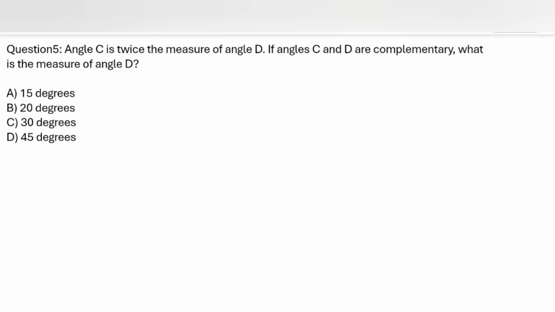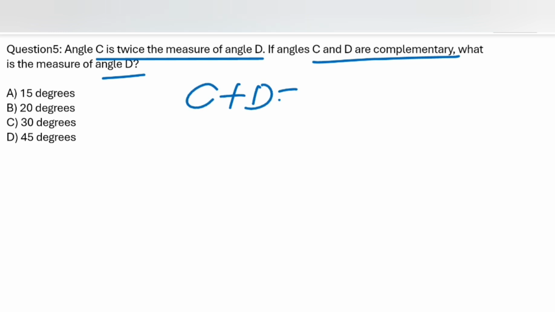Here in question number 5, the question is: angle C is twice the measure of angle D, and if angles C and D are complementary, then what is the value of angle D? Okay, so as you know, the statement of complementary angles is the sum of two angles. Let us say the sum of two angles C plus D is equal to 90 degrees. Alright, so as you know, C is 2 times D, as given.